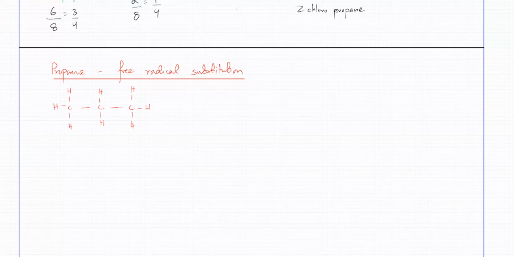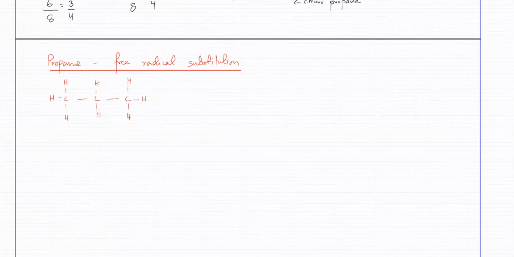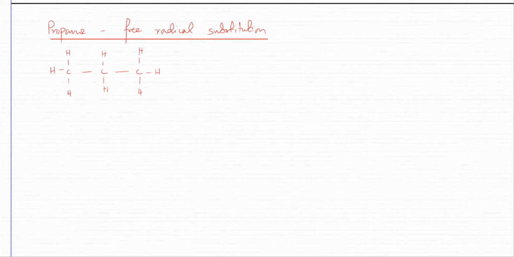Okay, so propane is this thing, and they're asking what are the possible products of free radical substitution. I mean the end product, like that after the termination step. So one of them they gave us was this one, that it had a Cl over here, and it had H atoms.